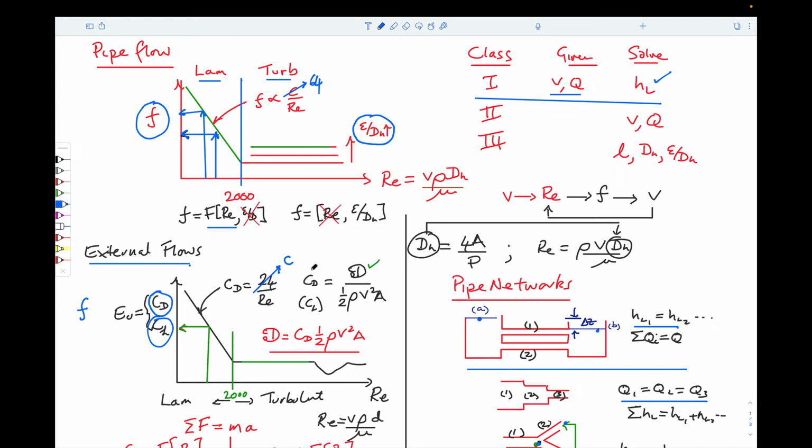And we know that if we can calculate the magnitude of the coefficient of drag, and we know the velocity at which we're flowing, and we know the cross-sectional area, maybe the planform area of the structure, and the density of the fluid, then we can calculate this final term here, which is the frictional component.